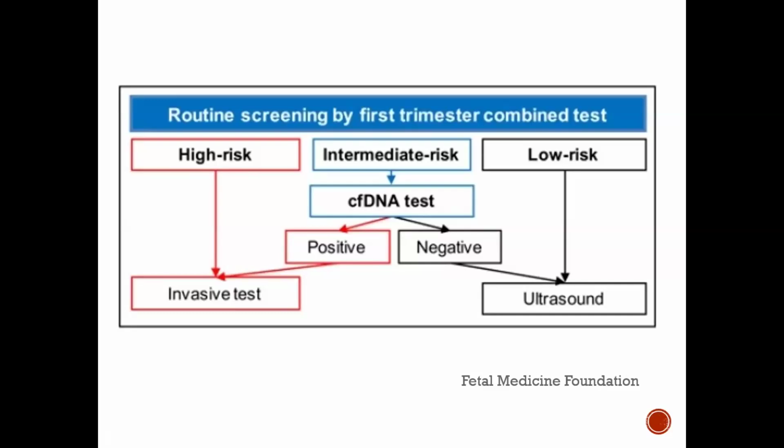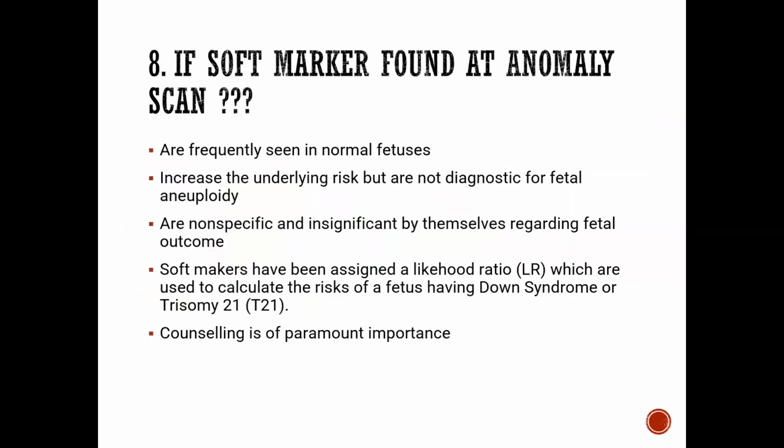More than 1 in 250 is considered high risk, and they offer invasive testing directly. Less than 1 in 1000 will be low risk. Between 250 and 1000 will be considered intermediate risk, and NIPT will be offered. If NIPT comes negative, the patient will be considered low risk. If it comes positive, then the patient will be considered high risk, and invasive testing will be offered for confirmation of chromosomal abnormality.